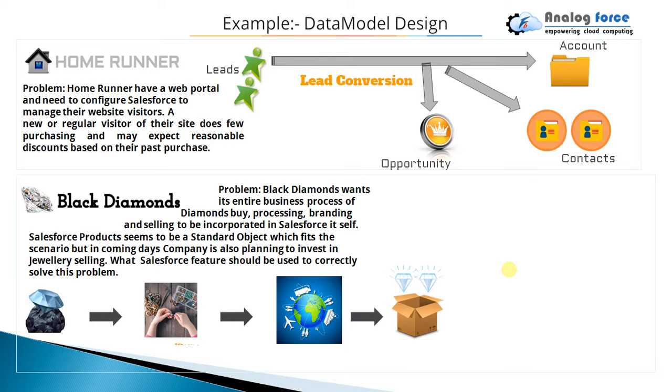Its own life cycle simply means a pick list, the diamonds life cycle. In product, all we need to do is create a pick list, a process, a stage, and whenever it is ready, polished, it is ready to be sold. It is ready to be added to a price book. It is ready to be added to an opportunity line item and make a deal.